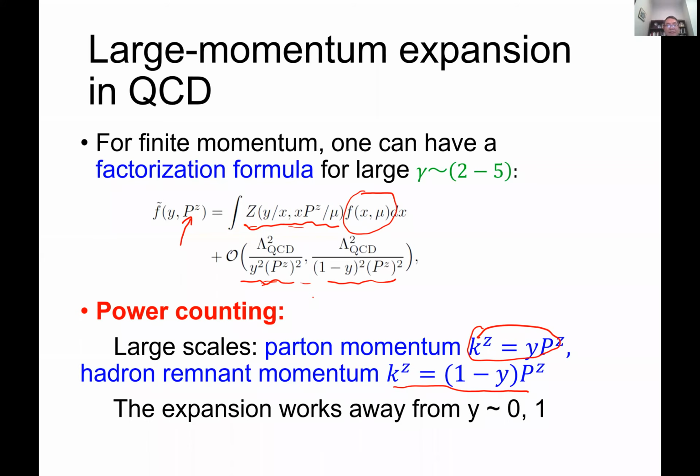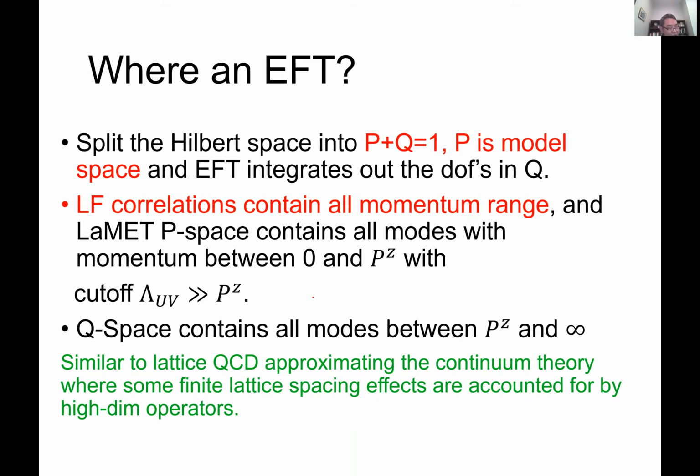Okay, so here I'm going to try to explain why this kind of expansion can be thought of as an effective field theory. To answer this question, I have to go back to the definition of an effective field theory or effective theory. That is what we do in quantum mechanics all the time.